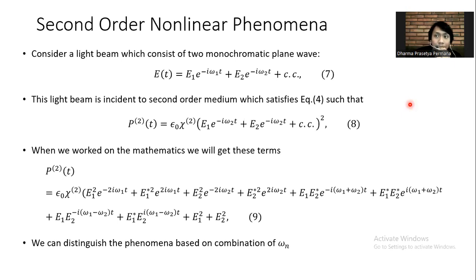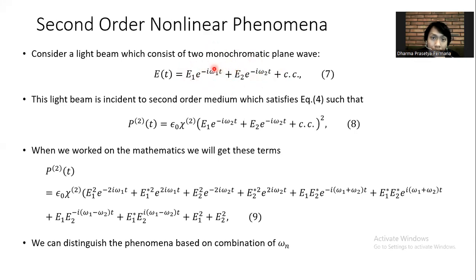Let's say, in this case, I have a light beam which consists of two frequencies, two monochromatic plane waves propagating simultaneously in one light beam. Then I can write the electric field as the summation of them.